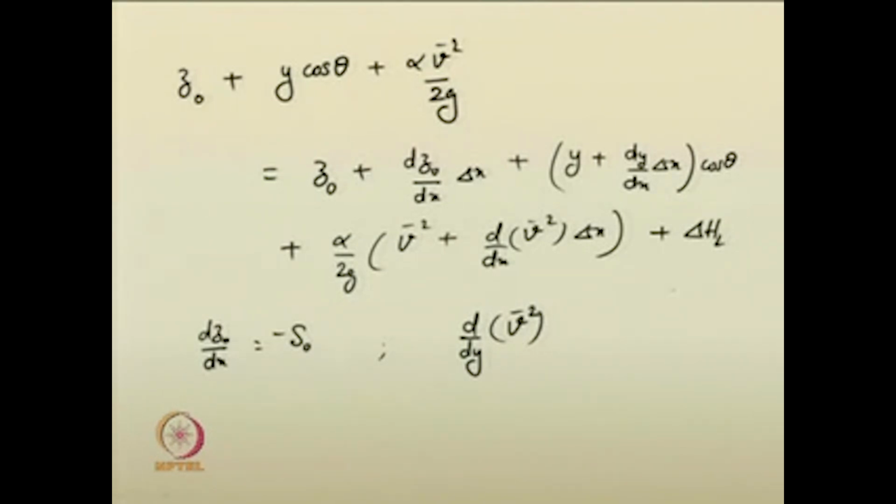You know V squared, that is Q is equal to V A, or V is equal to Q by A. One can easily identify that. So, substitute that quantity here. You will get d by dy of V squared is equal to minus 2 Q squared T by A cube.